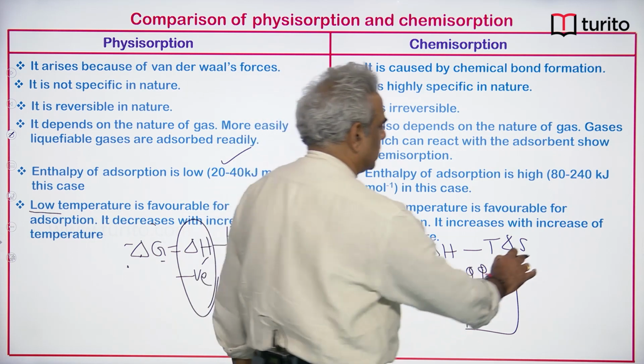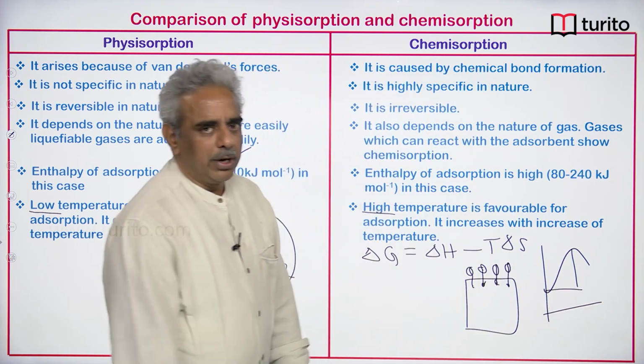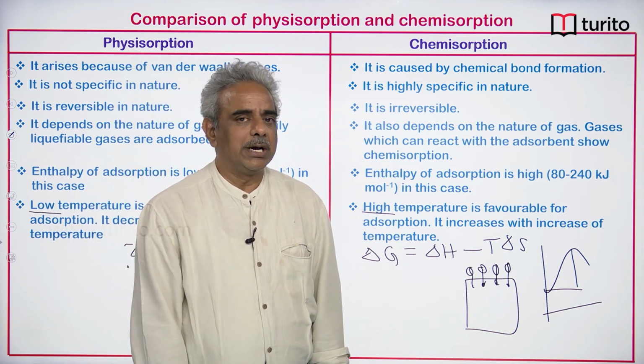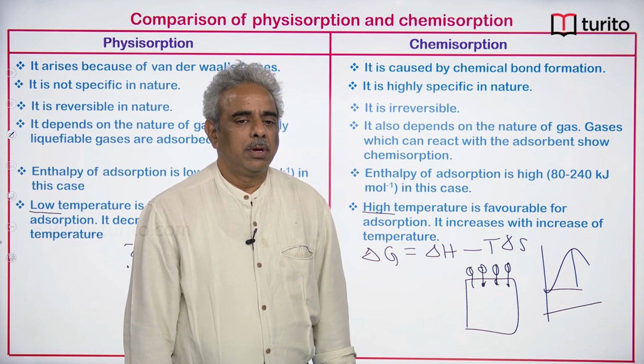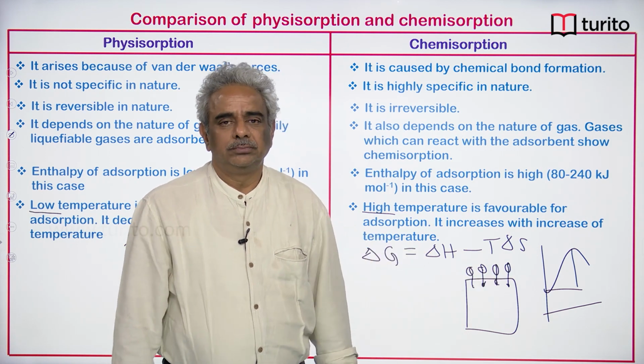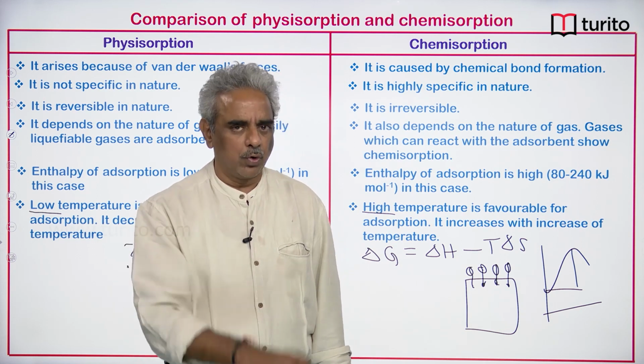We have activation energy. Unless the molecules cross the threshold energy, you cannot have a reaction taking place. And basically this is a reaction, only on the surface level of course.